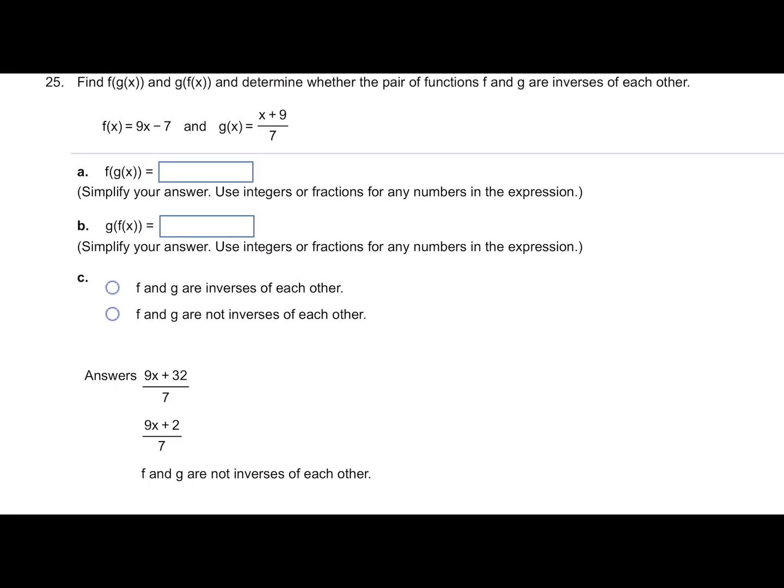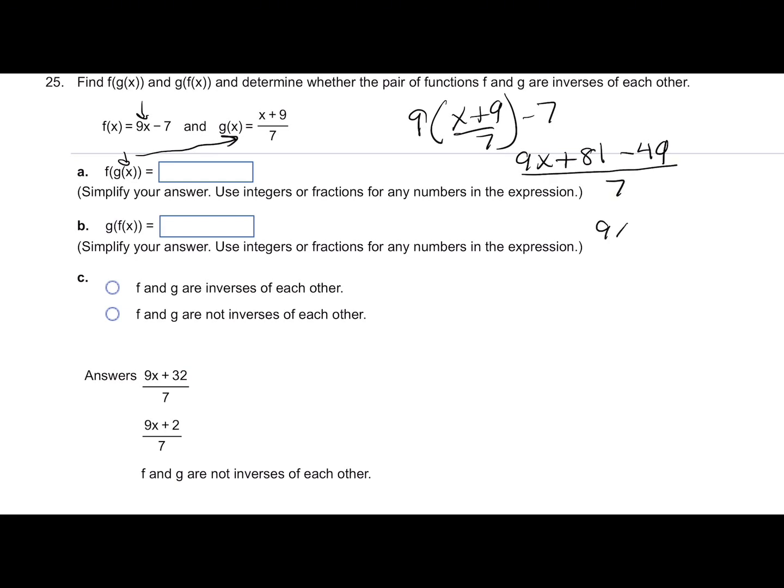All right. And then for this one, we're just taking the g of x, which is here, plugging it into f of x, which is that x, and we're going to see if we get x. And then we'll know they're inverses of each other. So here we just need to multiply the common denominator. So 9x plus 81 minus 49 all over 7.